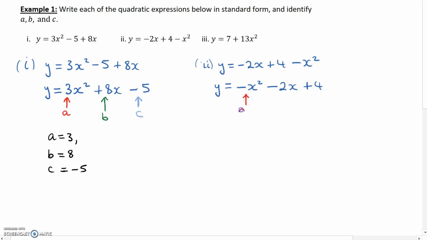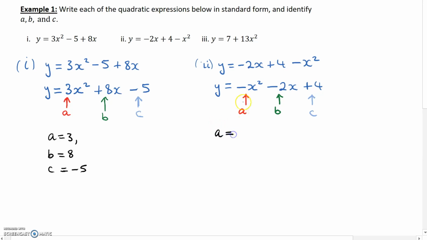Let's identify the a, b, and c again. So the a here, can you think what it's going to be? This is b. And then on the end we have c. It's always a, b, and c after you've rearranged them: x squared, x, number. The tricky one here is the first one.